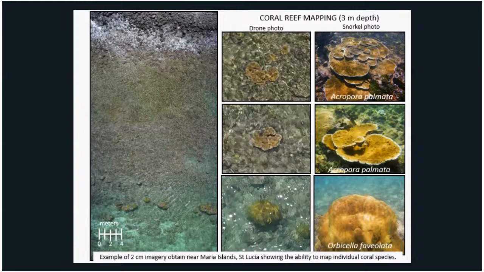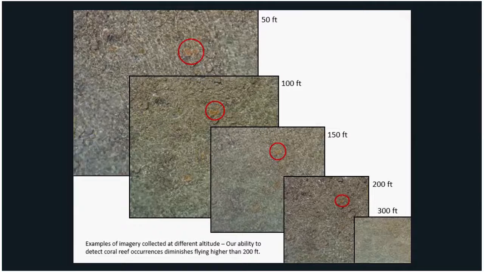Here's an example of some imagery that was collected. I think this is about 200 feet, looking at the Acropora palmata, with the associated snorkel photo versus the drone photo. So we can clearly see species at this scale, which is what protected area managers want.